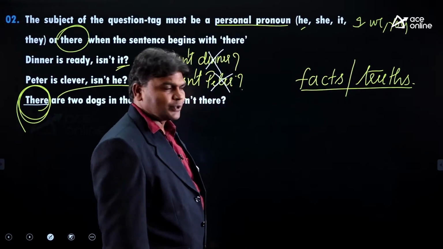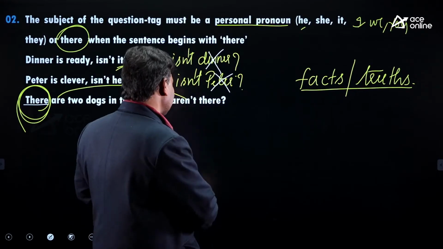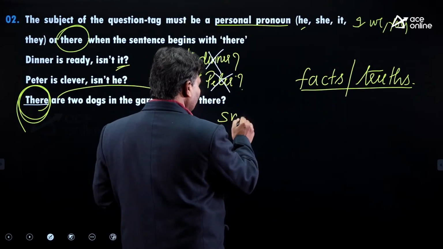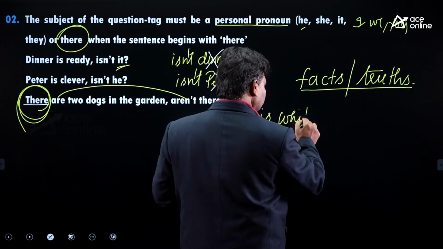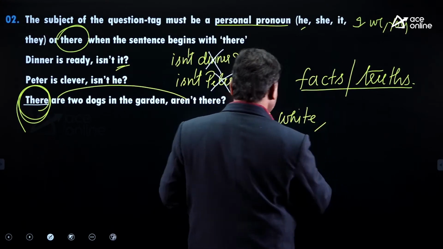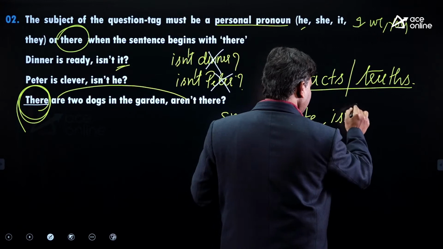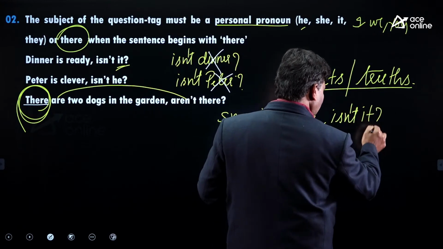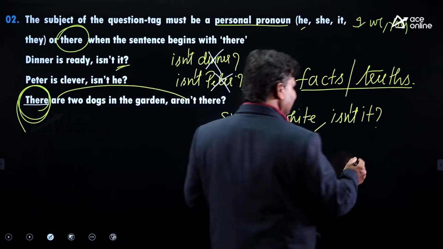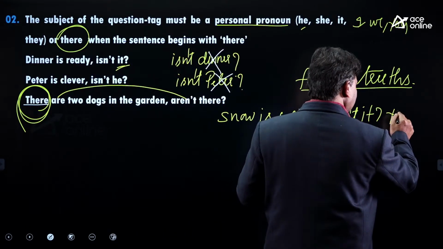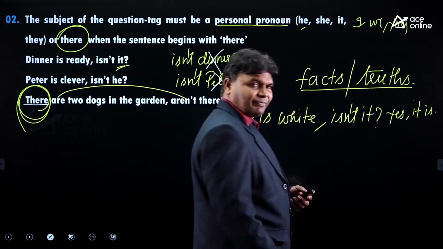For example, I say, snow is white, isn't it? What should be your response or answer? Snow is white, isn't it? Yes, it is. It's a fact. Yes, it is.